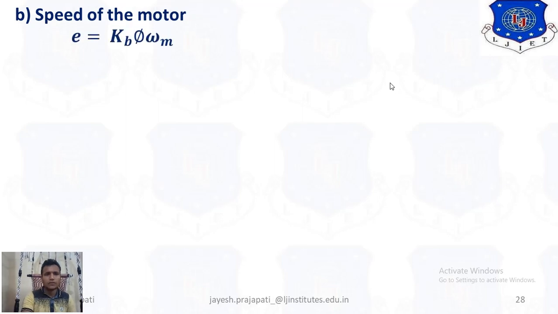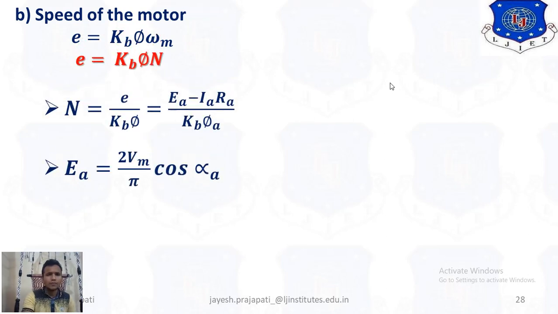So we know the equation E is equal to kb into phi omega m. Now we can say that this omega m is also equal to N. So E is equal to kb into phi into N. Now if we make N the subject, then N is equal to E divided by kb into phi. Then E, that is the voltage equation, we replace by EA minus IA RA, divided by kb into phi.